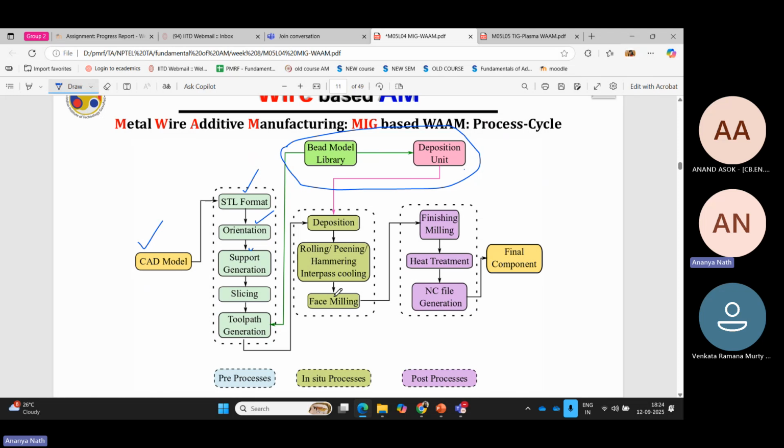The post processing can happen in many ways. In the case of the DED process, especially wire-based DED, the bulk material is coming and getting deposited. So your deposition track will typically have a diameter and width in millimeters. Maybe you'll get a 3 millimeter bead, a 4 millimeter bead with a 2 millimeter height.